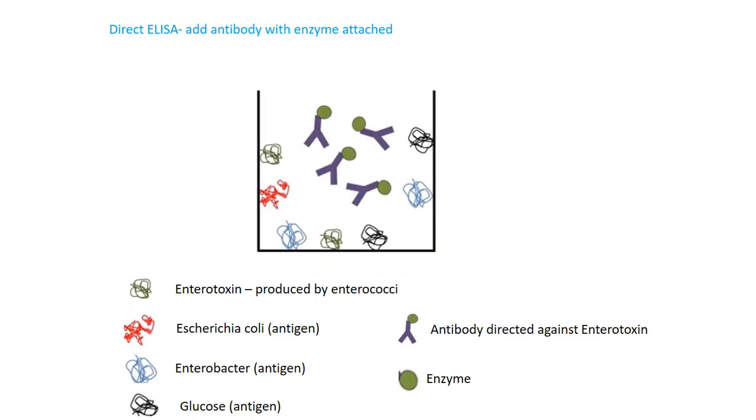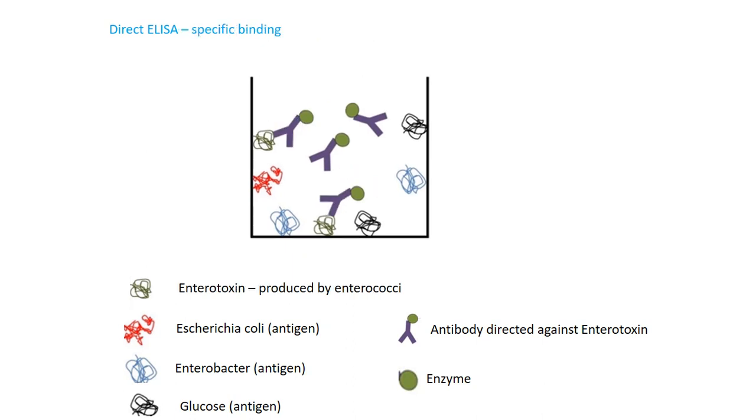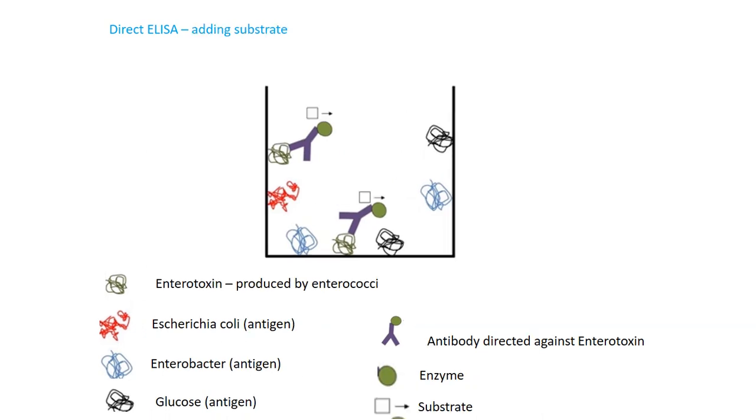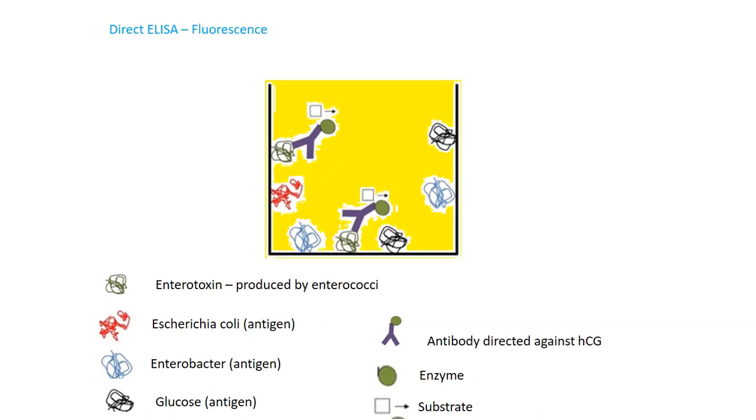And what happens then is you add a detection antibody with an enzyme attached, which is directed against the enterotoxin, and it subsequently binds the enterotoxin. You then wash away the excess unbound detection antibody, and then you add your substrate. Substrate reacts to the enzyme and you get a colour change.